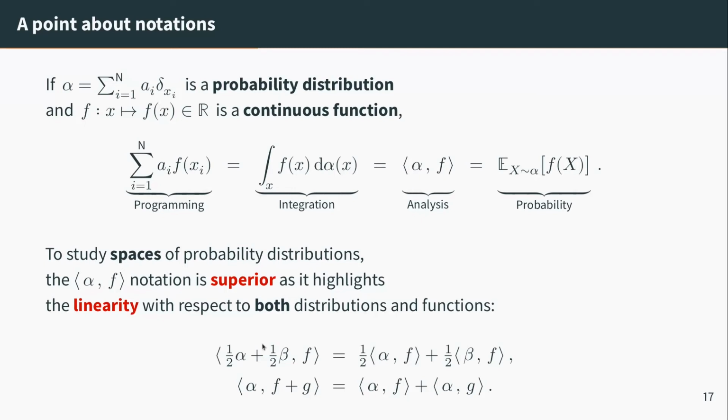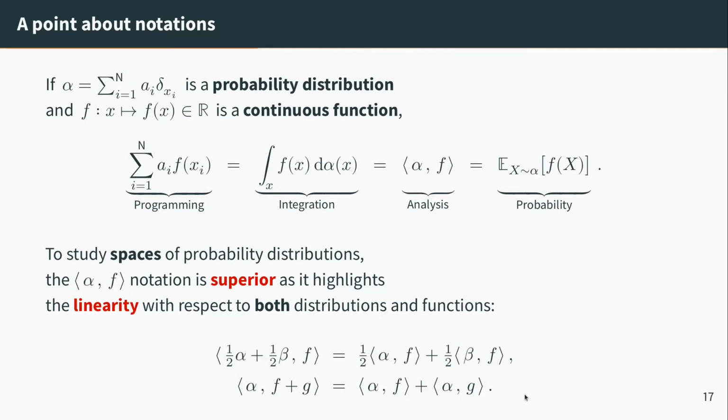When you have this notation, you clearly see that alpha divided by 2 plus beta divided by 2 times f, like the integral of f with respect to this average measure, is just the average of the integral of f with respect to alpha and the integral of f with respect to beta. Just like the integral of f plus g against alpha is the integral of f against alpha plus g against alpha.